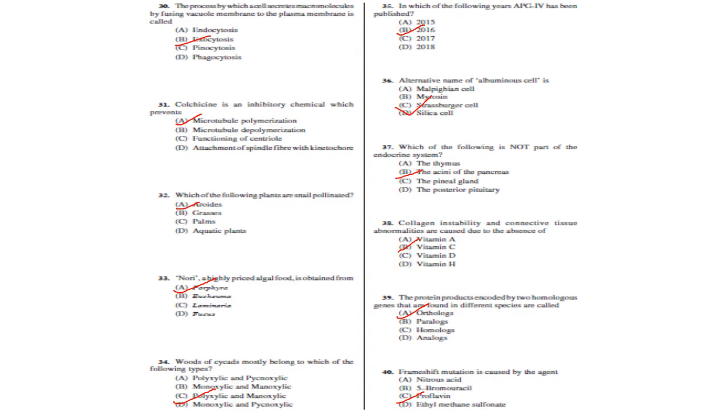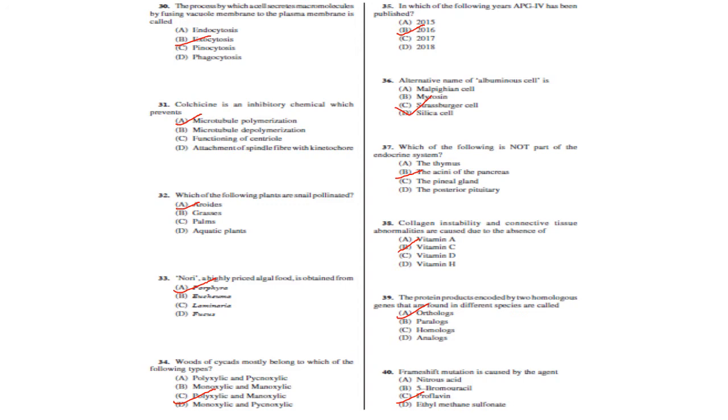Analogous genes are genes that have identical or similar functions but don't share a common ancestor and are therefore unrelated. So the question was, the protein products encoded by two homologous genes that are found in different species are called. They are called orthologs because orthologs are genes in different species that have evolved from a common ancestral gene. So the answer here is option A, that is orthologs.